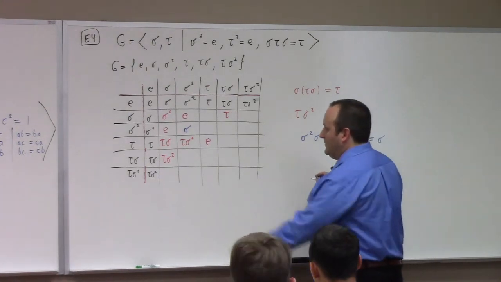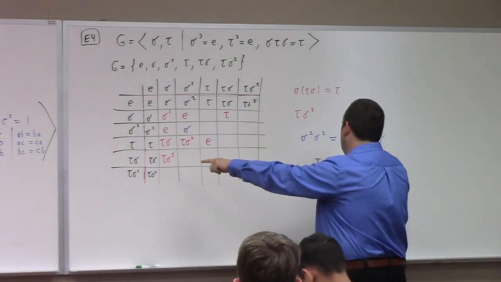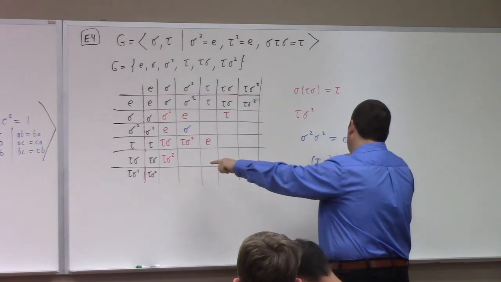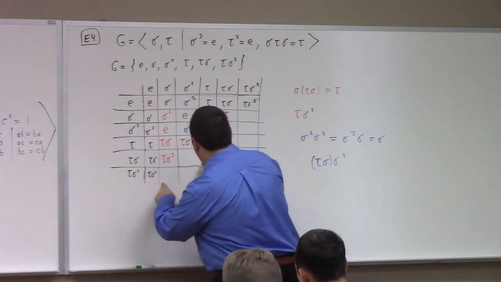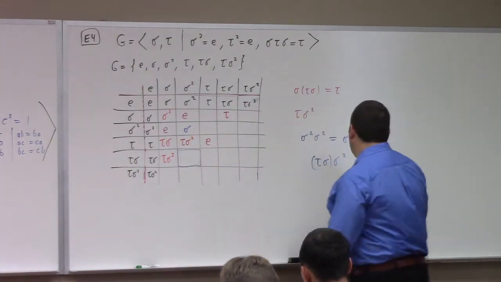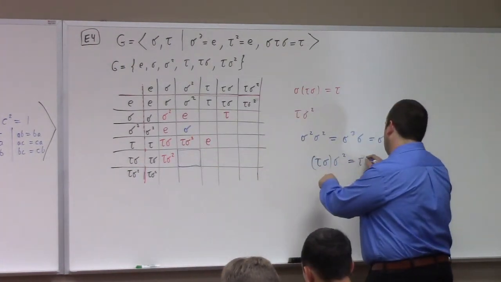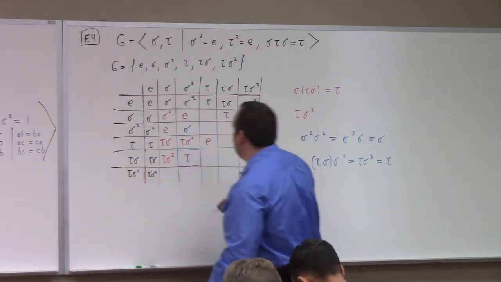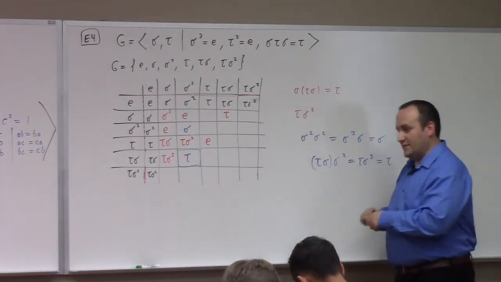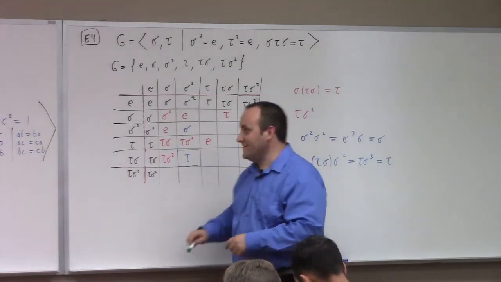How about sigma tau? How about tau sigma squared? Which would be this guy, right? Yeah, because that's tau sigma cubed, also known as tau. Aha! Because we did the calculation this way, we get one for free.